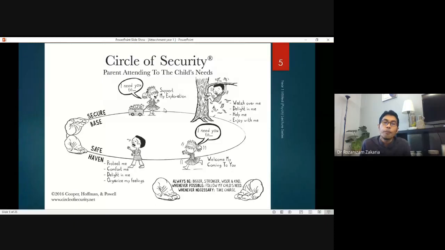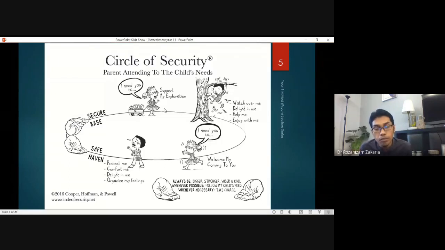So therefore, parents has no longer become secure base of the child. So when the child explore the world, whenever problem happen, they will not have tendency to come back to the secure base, because secure base does not provide protection, comfort, delight, and organization of emotion to them. So this is when in real life a problem happen.